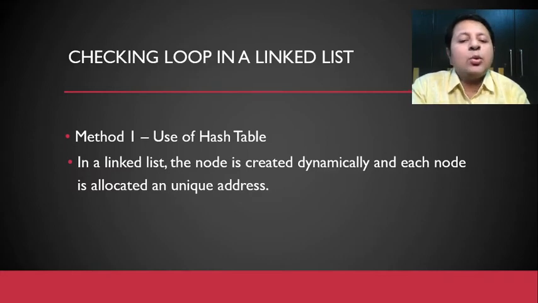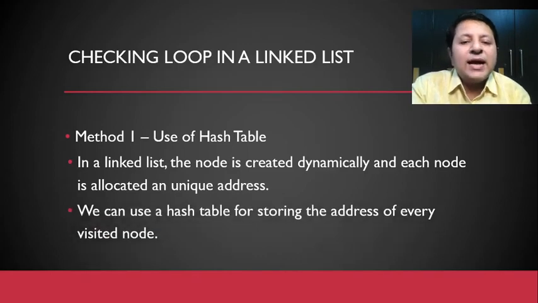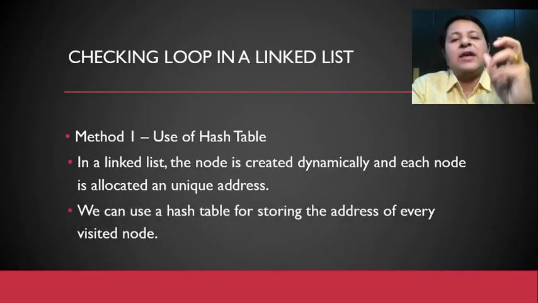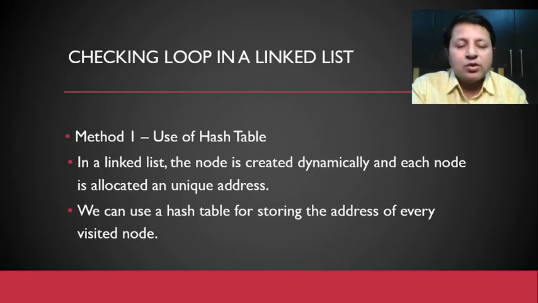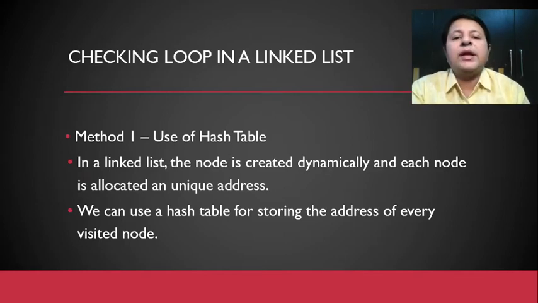So in a linked list, the node is created dynamically and each node is allocated a unique address. We can use the hash table for storing the address of every visited node. So now the idea would be, whenever we are going ahead with the next node, we will retrieve the address of that node. We will first check whether that address is already available on the hash table or not.